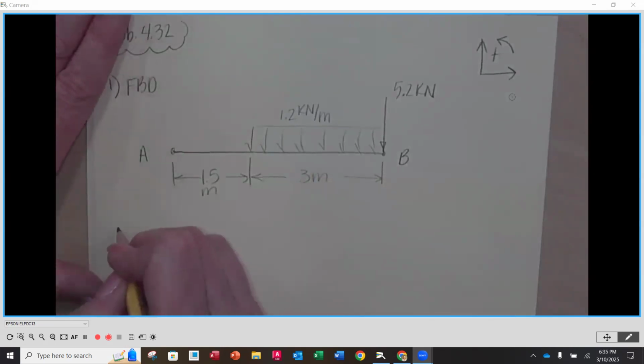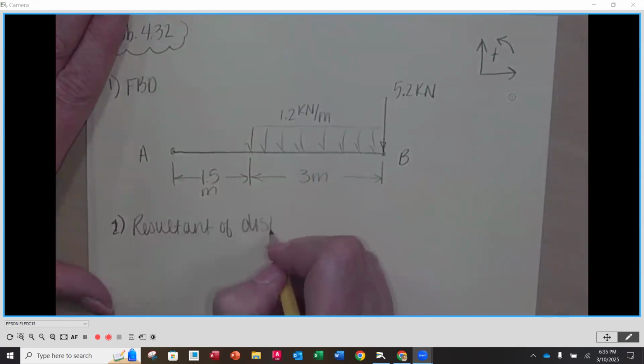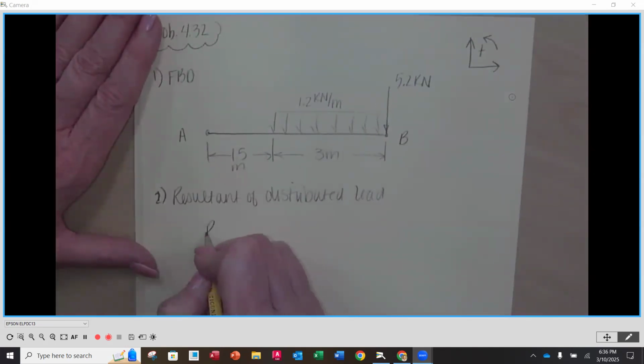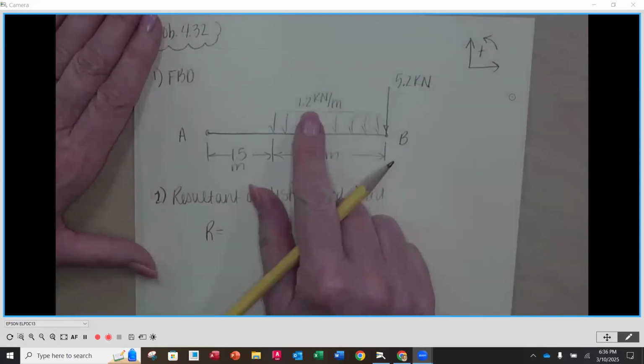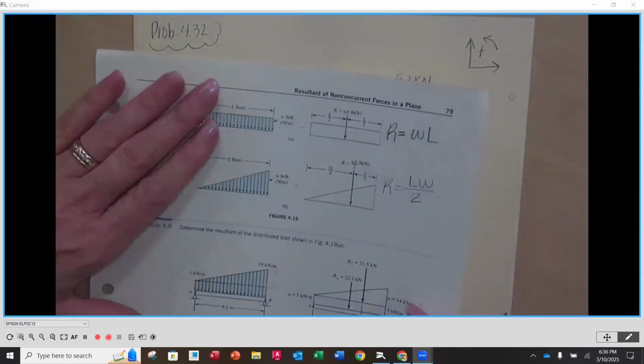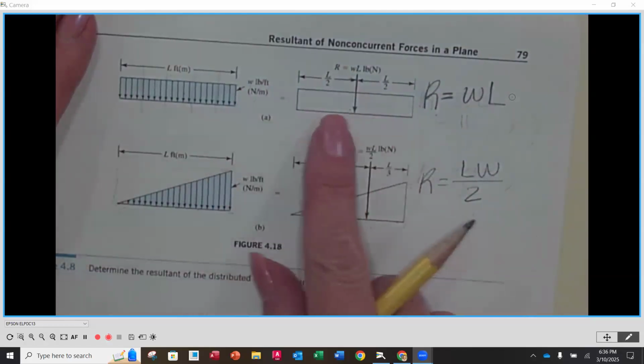We're going to multiply it by its length. So step number 2 is the resultant of the distributed load. I'm going to call that R1 because it's the resultant of that little section. Earlier in the chapter, on page 79, here is how you calculate the distributed load resultant.